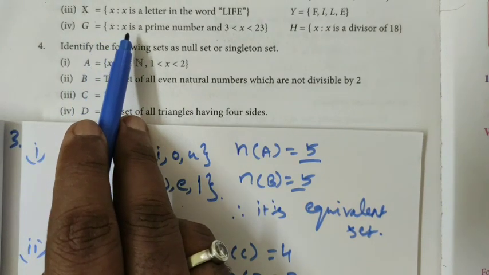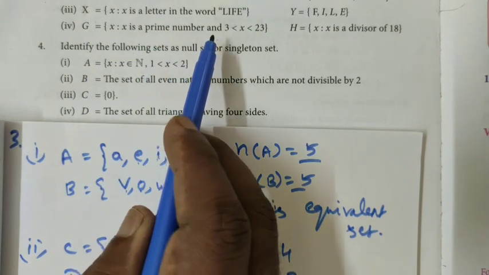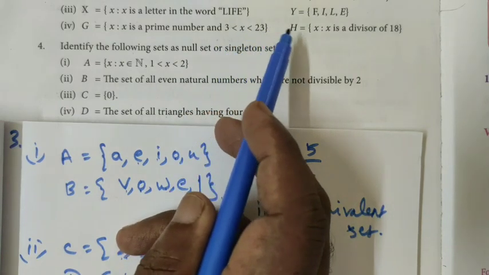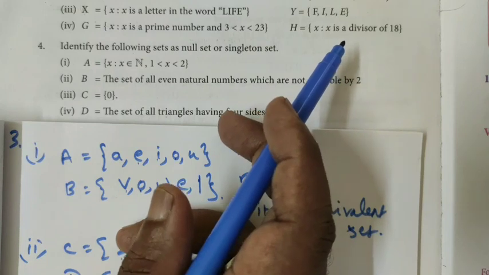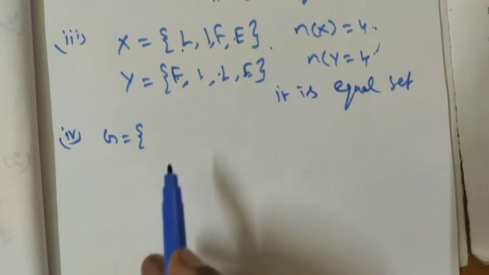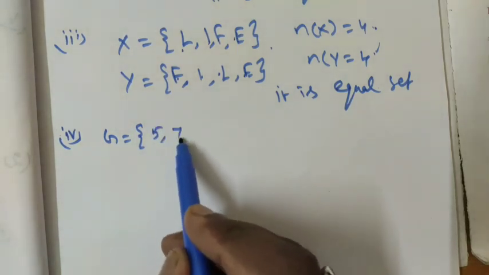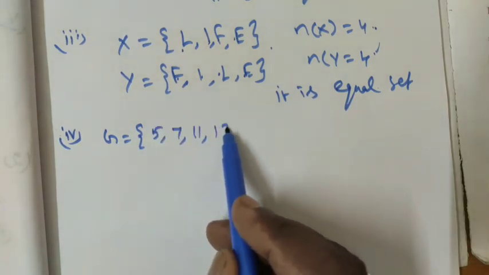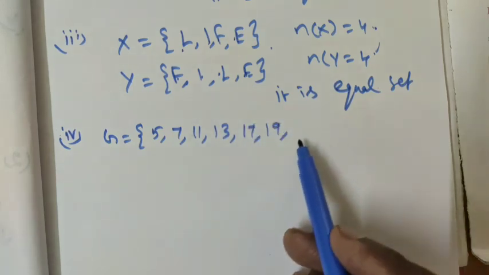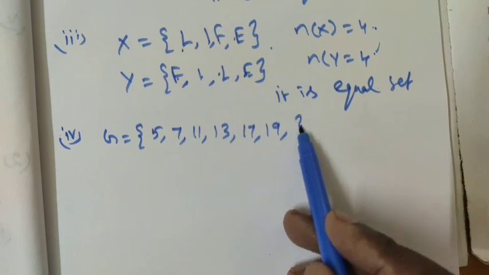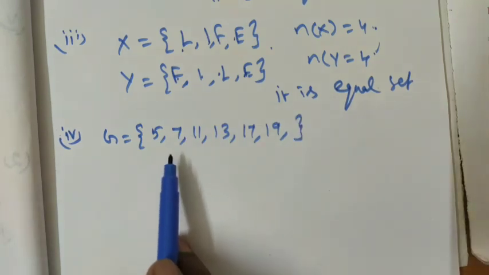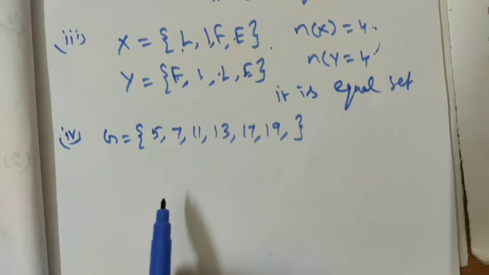And then the last Roman number, that is the fourth Roman number. G is equal to {x such that x is a prime number and x is greater than 3 and less than 23}, right? And H is the divisor of 18. So the prime numbers greater than 3 are 5, 7 and then 11, 13 and then 17, 19, less than 23, right? So these are the prime numbers greater than 3 and less than 23.